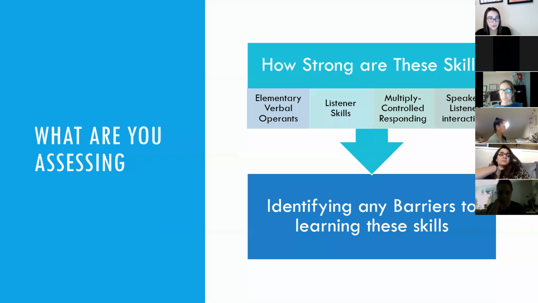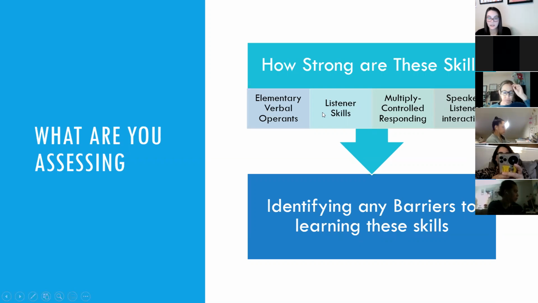So the skills with verbal behavior are kind of just these four: the elementary verbal operants, the listener skills, and then as children and clients gain more complex language, these last two kind of come into play: multiply controlled responding and speaker and listener interactions.